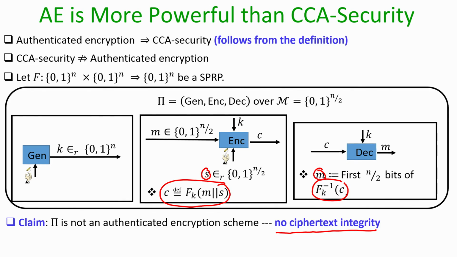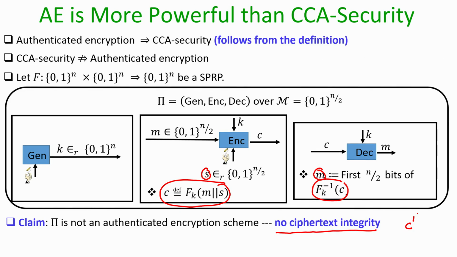This is because it is very simple for an adversary to come up with a bit string C dash of size n bits, and that is a legitimate ciphertext as per the syntax of this encryption process. There is no checking which we are performing at the decryption end to verify whether the received ciphertext has indeed originated from the designated sender or not.